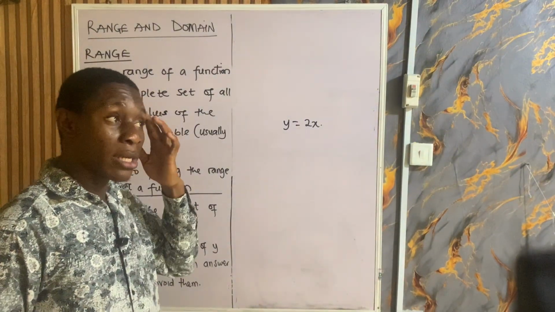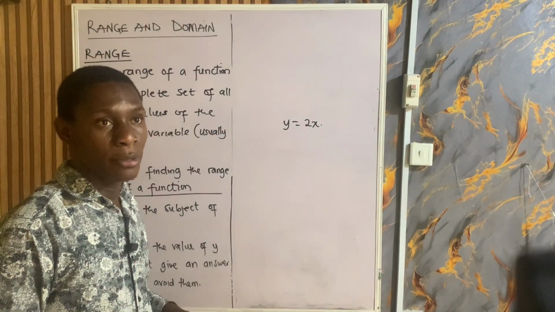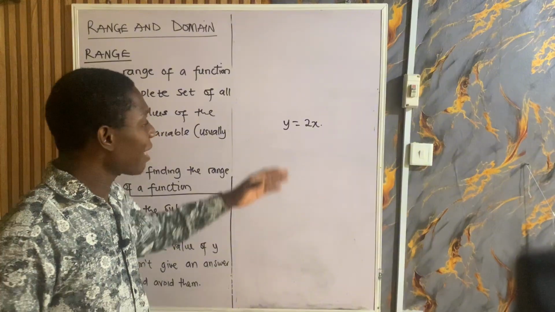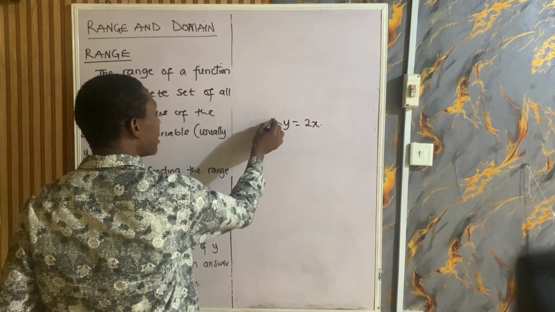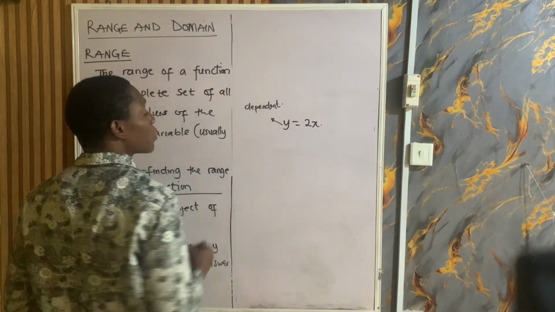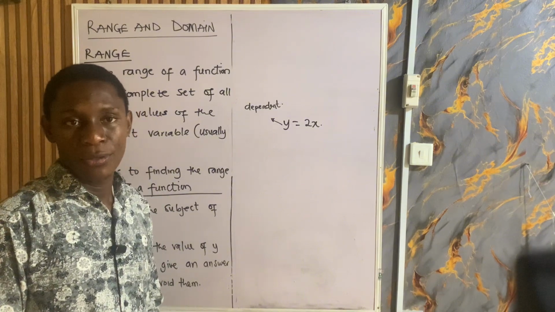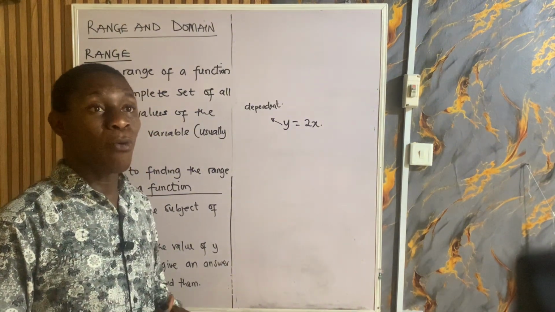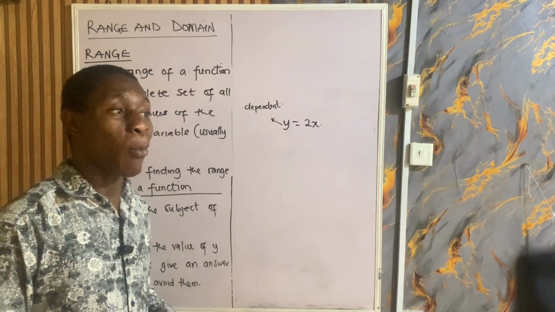Now we want to see what are the answers that are obtainable depending on the value of x we use. Are there values of y we cannot get, because y is usually the dependent? So some functions, y can never be negative, and so because of that we are looking at what are the possible values that y can be and possible values that y cannot be.